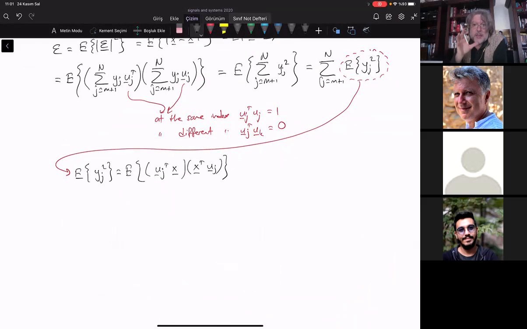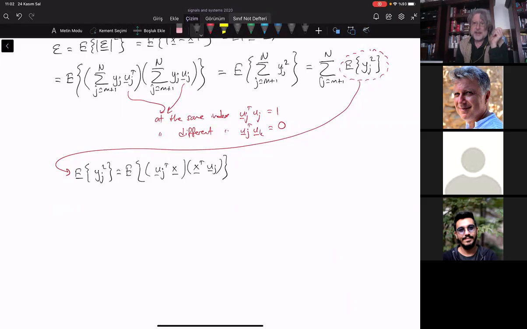So I'm writing yj times yj here. But I have to be smart enough to make sure that the multiplication is in this order. So I don't, for instance, write it as x transpose uj times uj transpose x. I don't do it because if I do it that way, the uj's will be in the center of the multiplication and they cannot be taken out of the expected value from the central point.